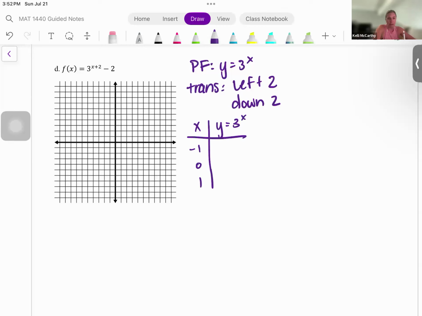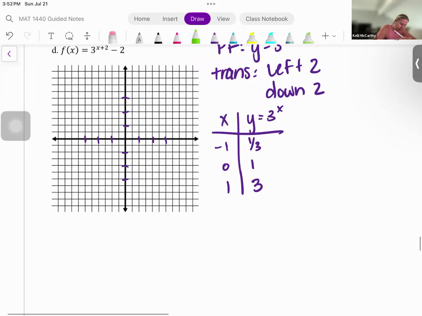Using that same table of values for my parent function, 3 to the negative first power is 1/3. 3 to the 0 is 1. 3 to the first power is 3. In green, I'll graph that parent function: (-1, 1/3), (0, 1), (1, 3).